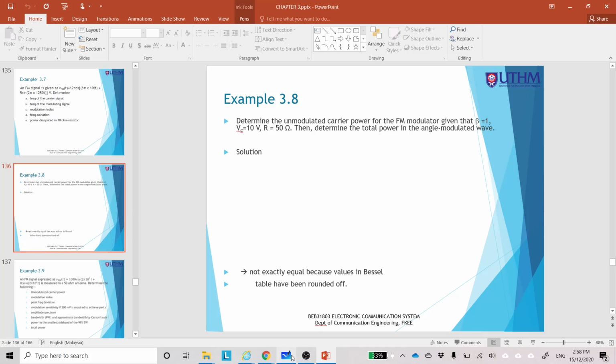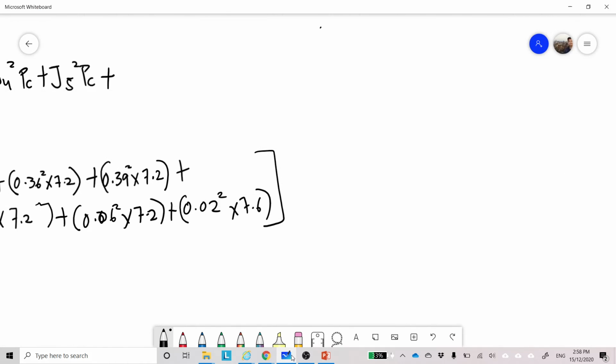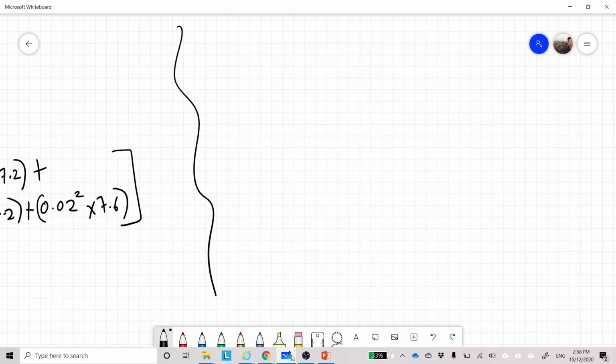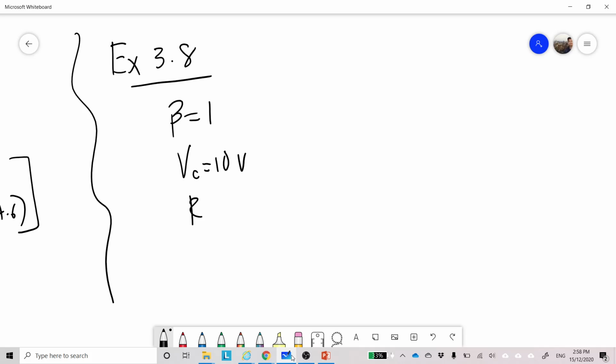So you are given beta equal to 1. Example 3.8. So you are given beta equal to 1, VC equal to 10, and then R equal to 50 ohm. Determine the total power in the angle modulated wave.